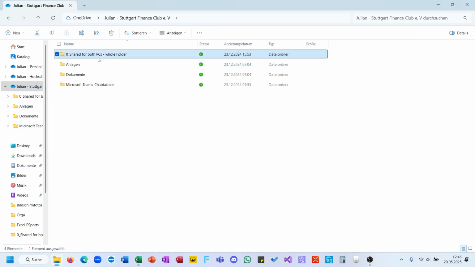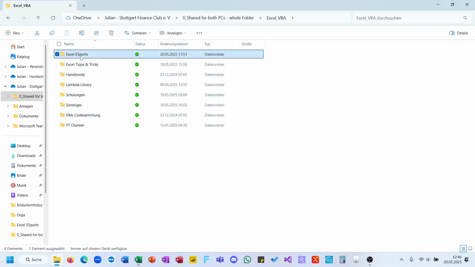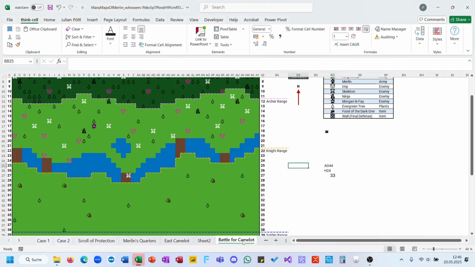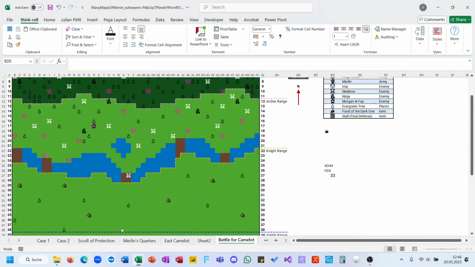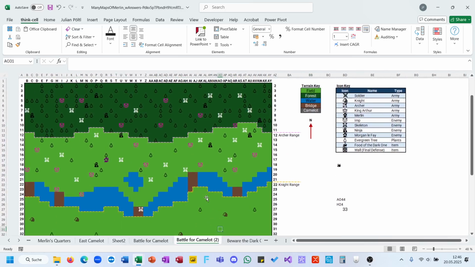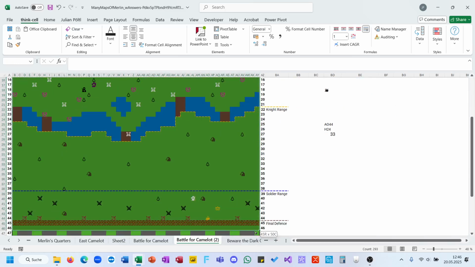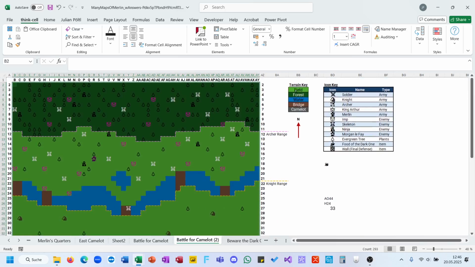I first need to have my macros, because I have a macro for the stuff. Don't go away. Copy this, just in case. And then first I need to have this area here, and then this terrain type.